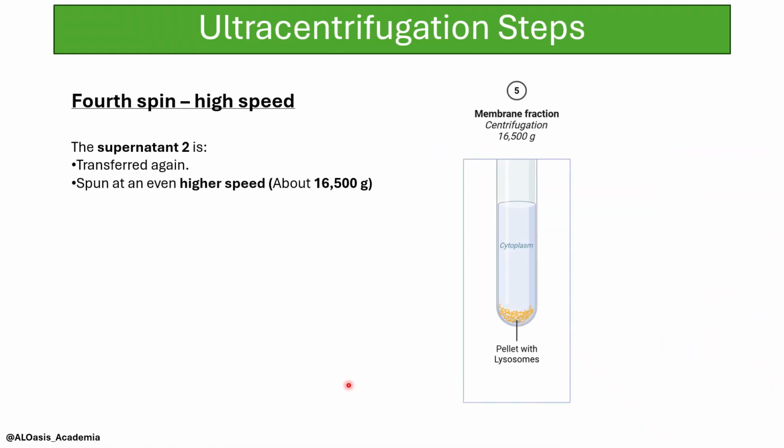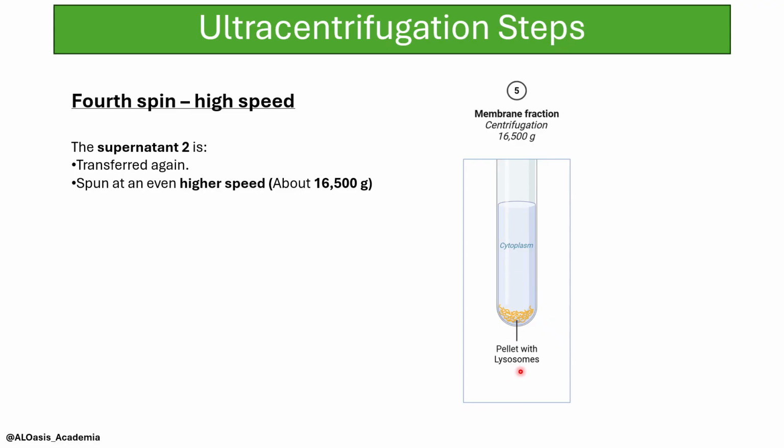And now we get to the fourth spin, where we spin the tube at a very high speed. So now we collect supernatant 2 that was produced in the third spin. We transfer it to a new tube, as we can see here, and then we spin this tube at even higher speed than the third spin. We will spin it here at 16,500 G. Spinning the homogenate at this high speed will allow us to get a pellet with lysosomes.